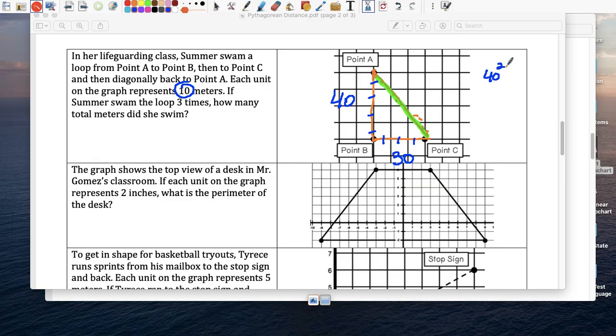So 40 squared plus 30 squared equals c squared. 1600 plus 900 equals c squared. So that gives us 2500 equals c squared. We're going to take the square root of both sides.